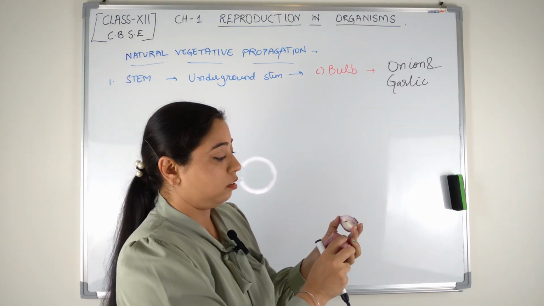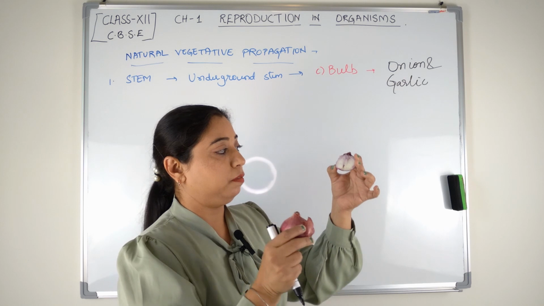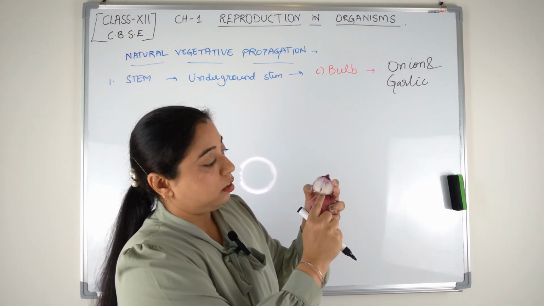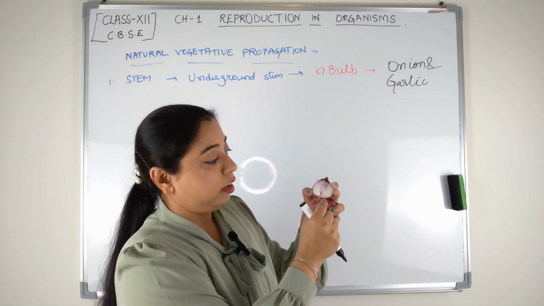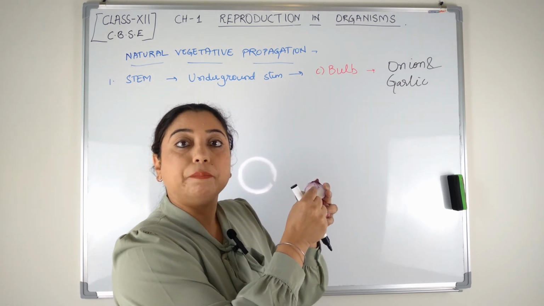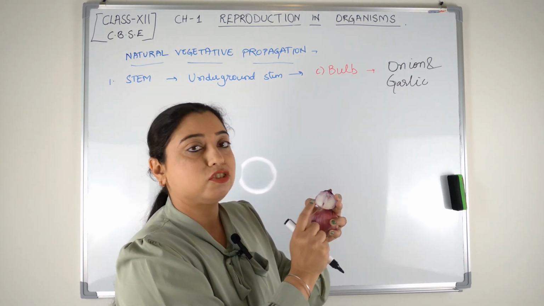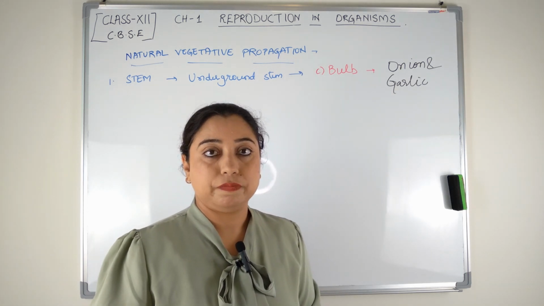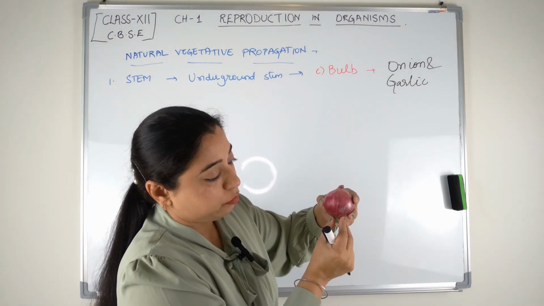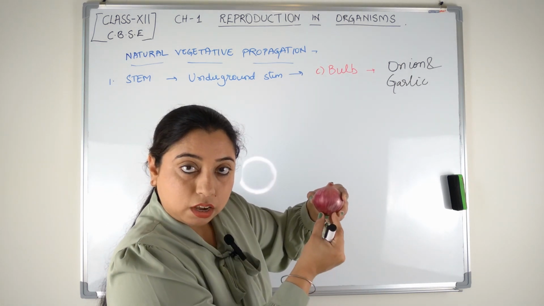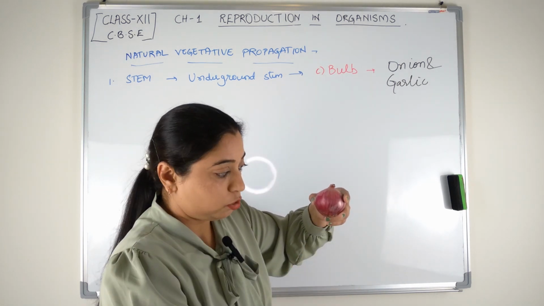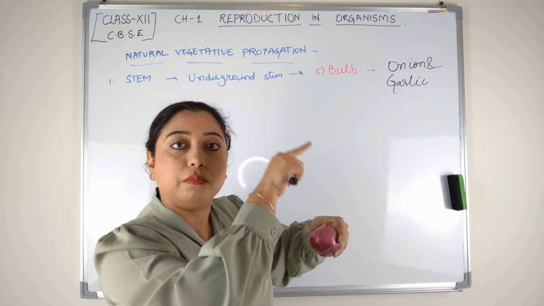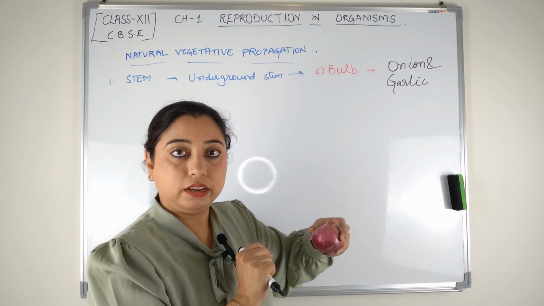At the center of the onion bulb, close to the stem, is located the bud, and this bud is responsible for producing a new onion plant. From this part of the stem, the adventitious roots come out towards the soil, and from here the green leafy shoot will come out, the new plant will come out. Right?